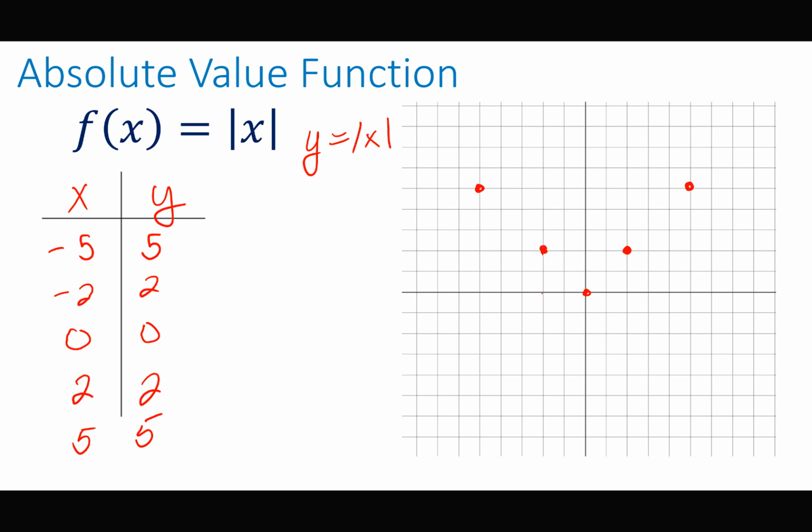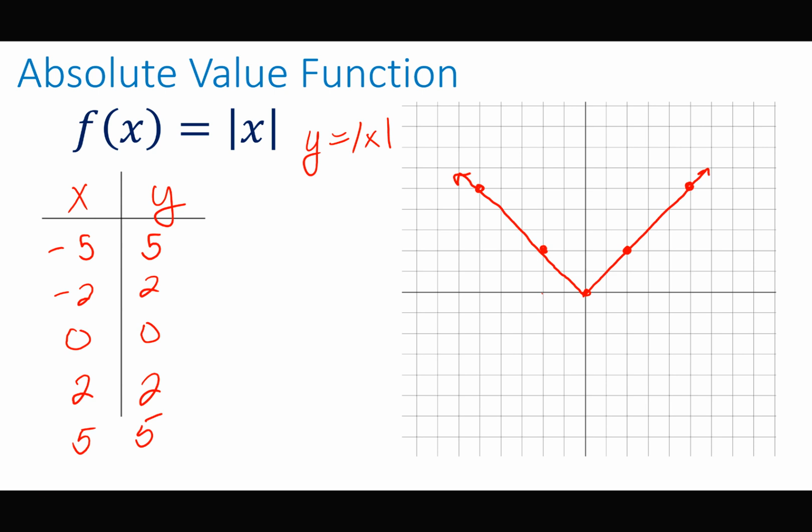We know absolute values will not end up being a number that's below the x-axis, meaning it's not a negative output. So we know absolute value in its parent form like this will never dip below the x-axis. I can't get a negative number as an output. There's no number that I can take the absolute value of that gives me a negative.